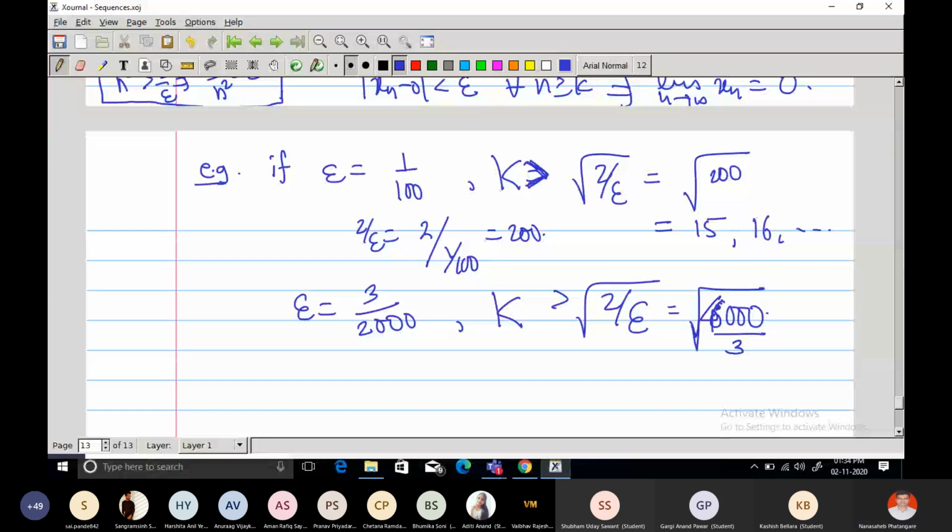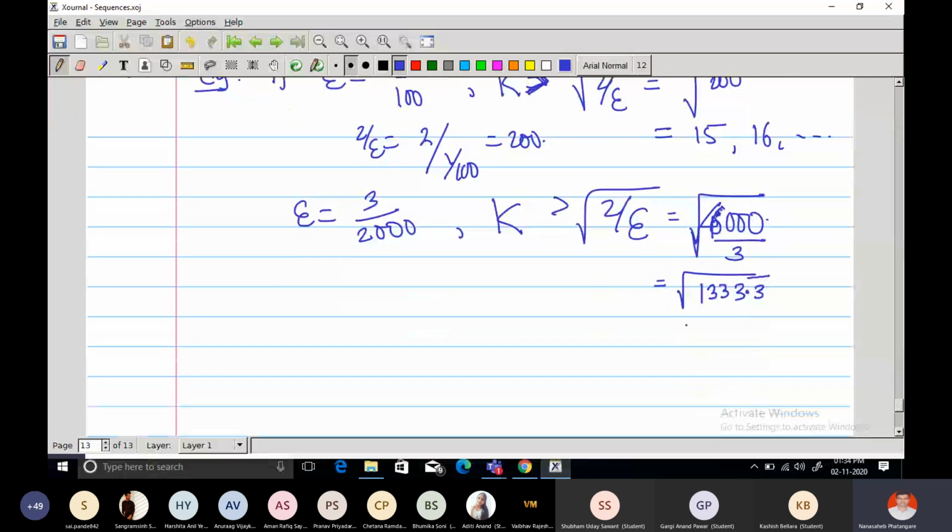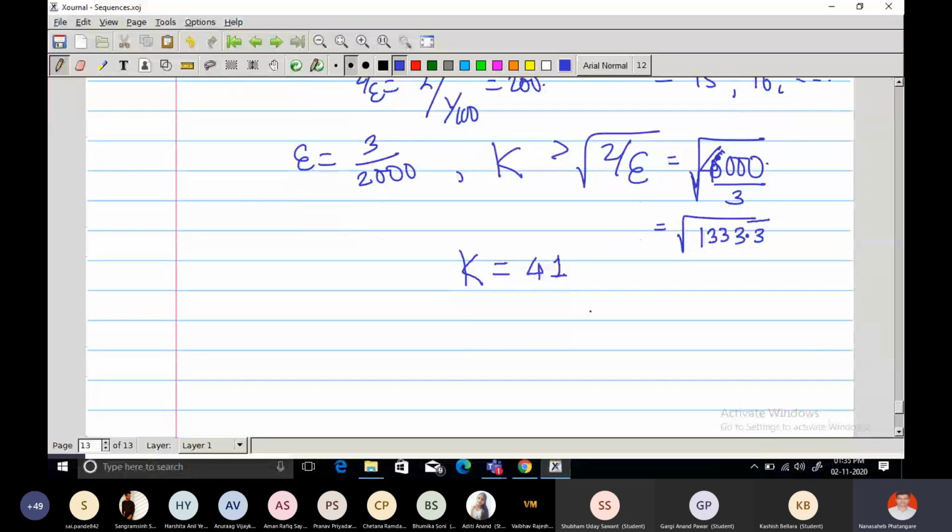And what is this value? You can easily calculate 4000 divided by 3. It is 1333 point something. And what is the number which is greater than this? We want a natural number. So what is the proper choice for k? 1334. So that you can understand what the square root is, and then you can select. So you can choose 1335, 1350, whatever.